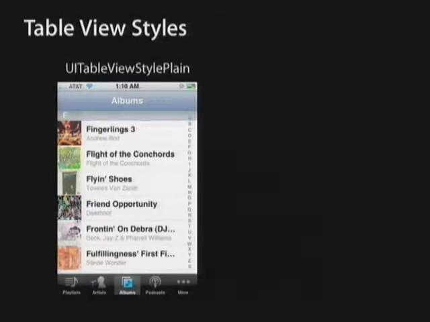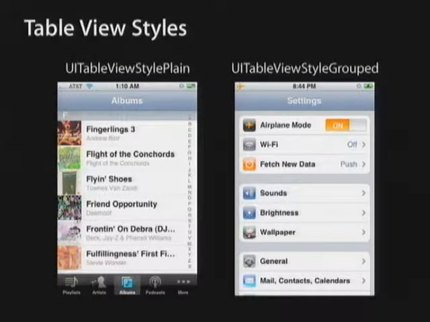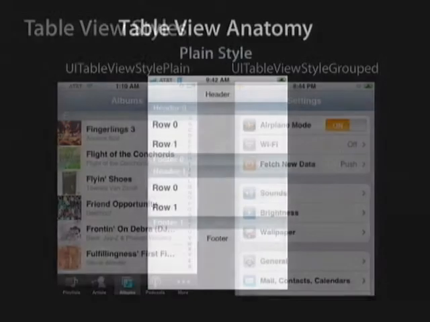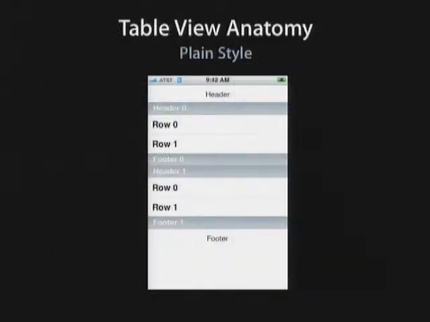So table view comes in 2 basic styles. There's the plain style, which has cell content that goes edge to edge on the screen, and the grouped style, which has rounded rectangles separating each section. There are several components in a table view. There's a header that exists at the top of the content, and a footer that exists at the bottom of all of the content. There are multiple sections.